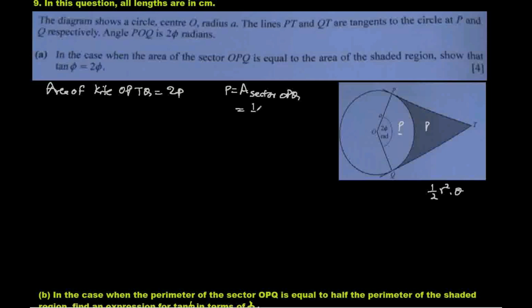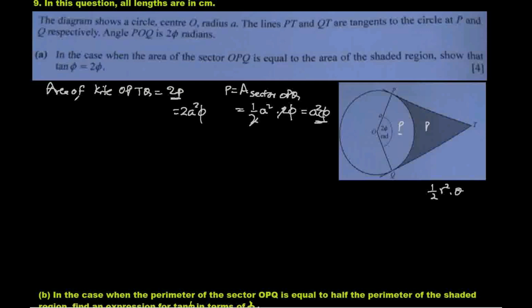So it will be half, r in this case is a, so a square, and theta is the angle this sector is subtending at the center, which is 2 phi. 2 and 2 cancel, it becomes a square phi, right? So the area of the kite is 2 times a square phi. This is what we'll write.